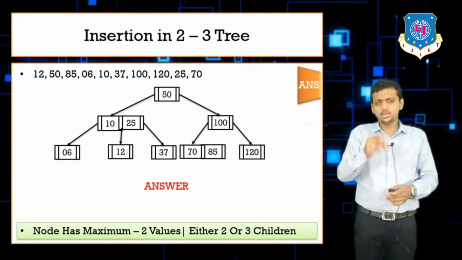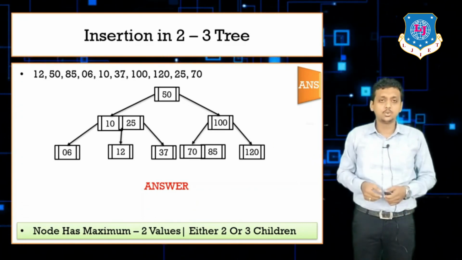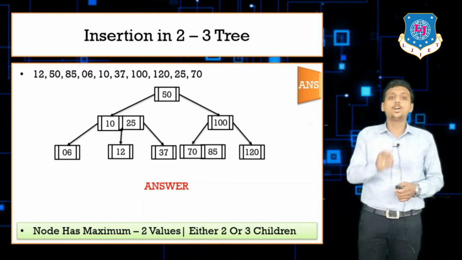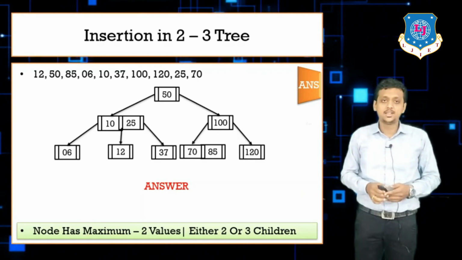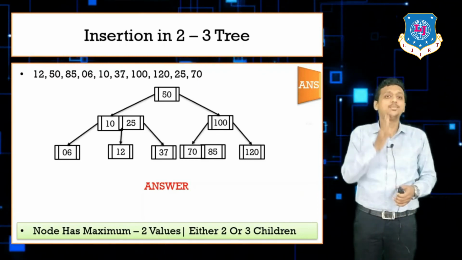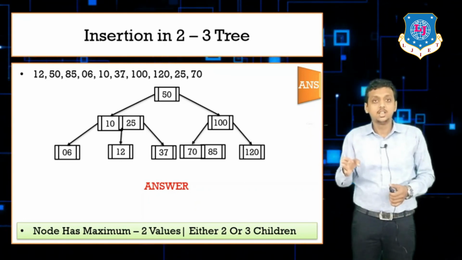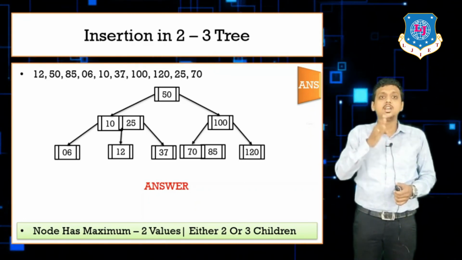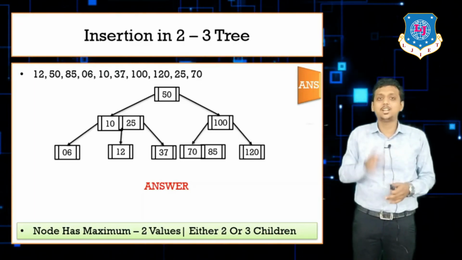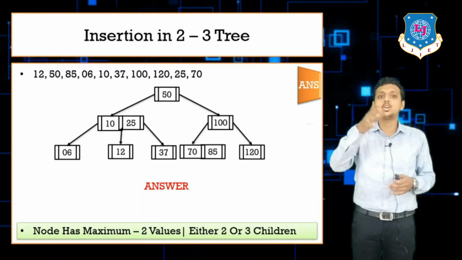So what is new in this? Nothing is new. It can be represented as a B-tree of order 3. But always remember, whenever you have an odd order like 3, 5, 7, 9, you can insert a maximum of 2, 4, 6 or 8 values.